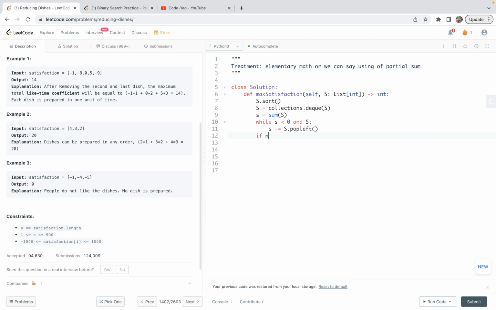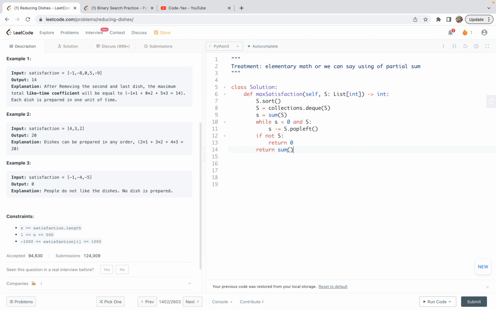So now let's check the two cases. If not S, in this case, we are going to return 0. This is the largest possible lag time coefficient we can get. Otherwise, we are left with a list or deque S with smaller values in the head and larger in the tail. So we just need to do the return.